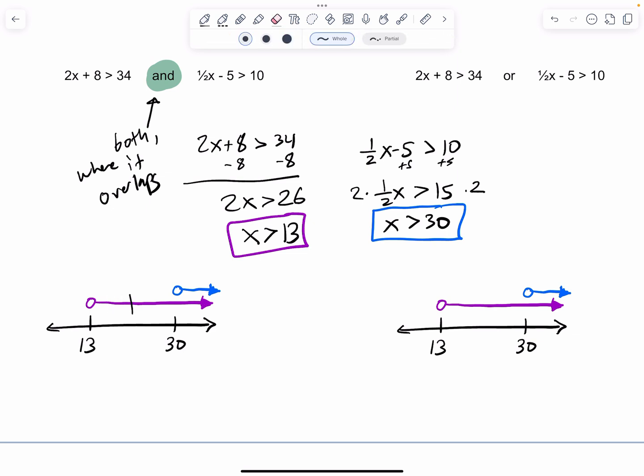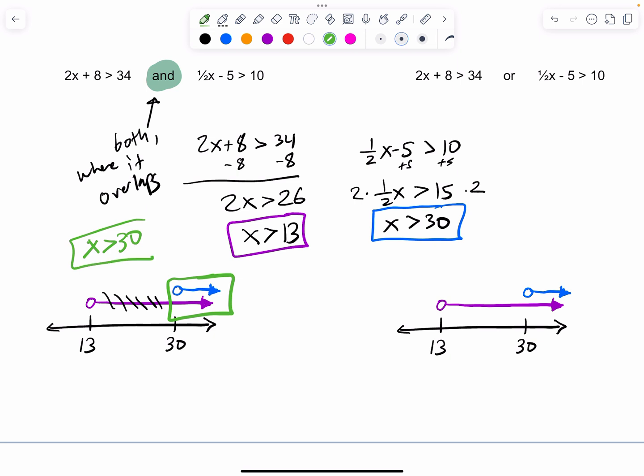No. They overlap here. So it would be, it's both when x is greater than 30. So it would have just been this top one. We don't need the purple line for that. Okay?